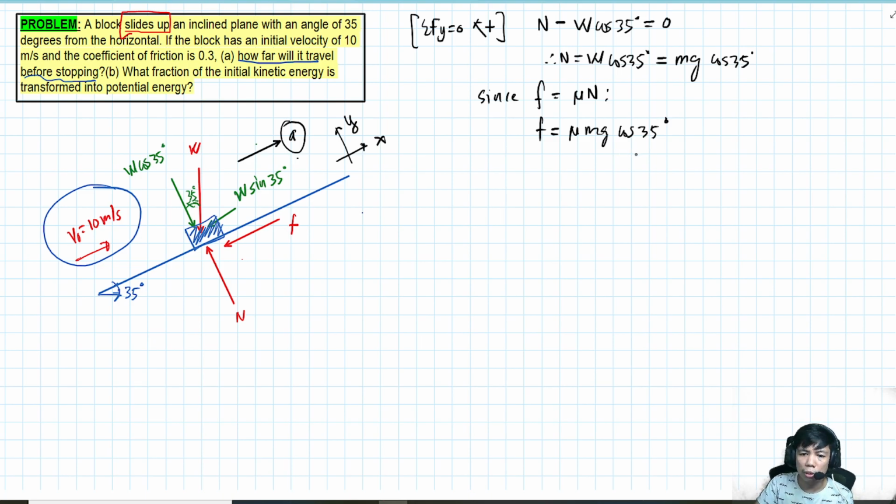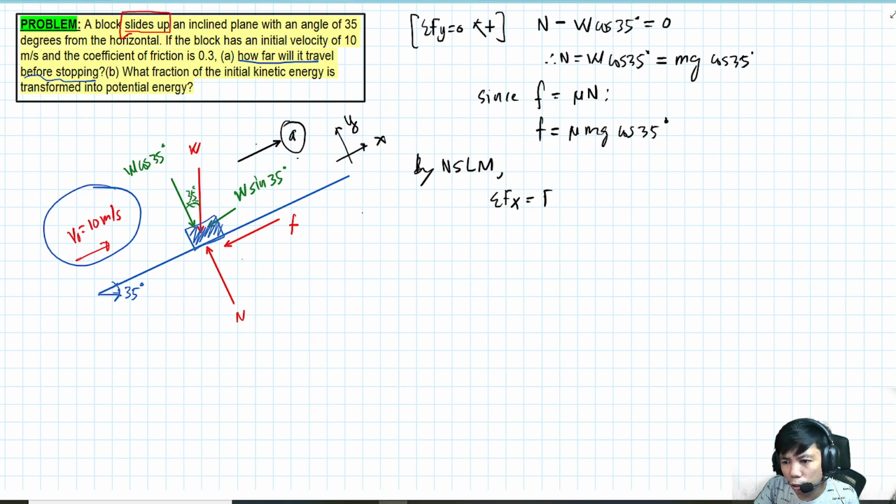doon naman tayo sa summation ng force along x. Sa x direction, dyan natin ipasok si Newton's law. By Newton's second law of motion, shortcut natin, kailangan dyan yung summation ng forces natin along x.